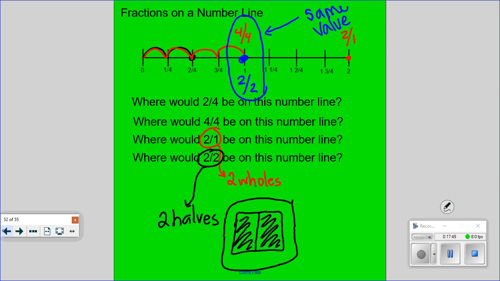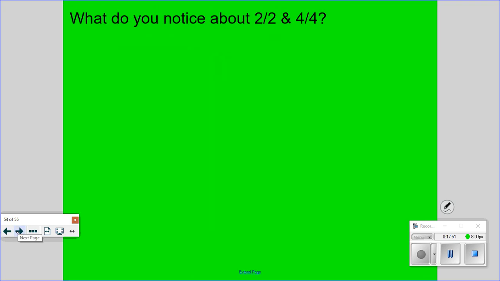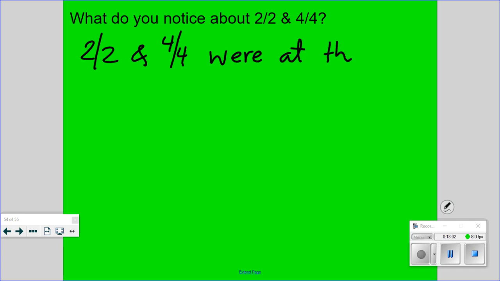Remember that? We're writing that down, please. We saw that on the number line.